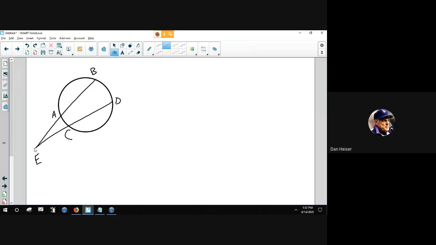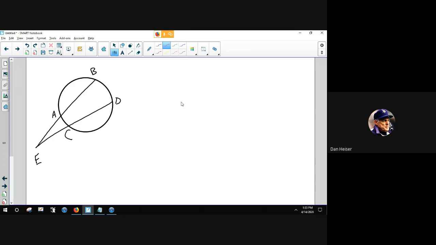We only want from here to where it leaves the circle. Nothing beyond. We have another secant that starts at the same point, enters the circle at A, exits the circle at B, and again, we don't care about the rest of it. We only want from here to here.